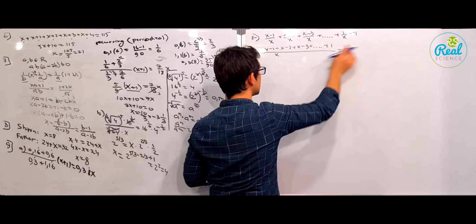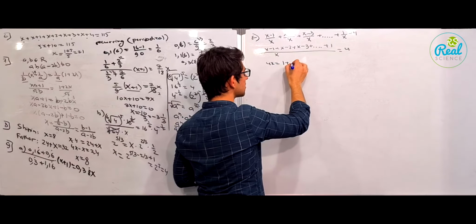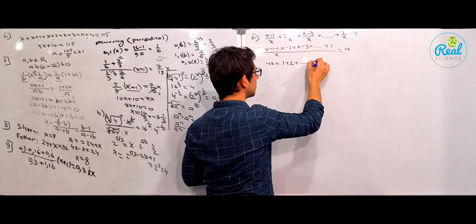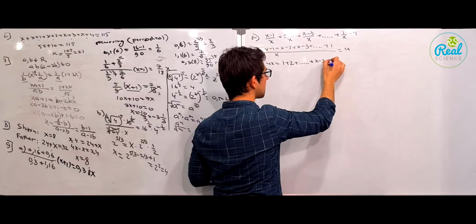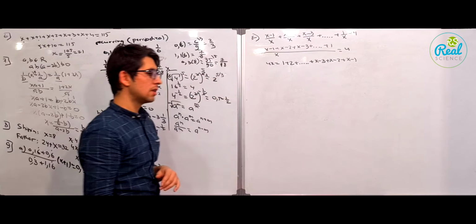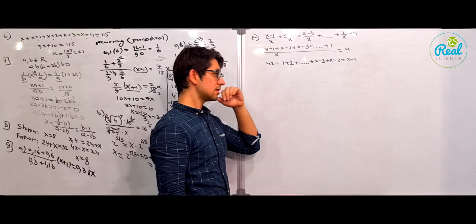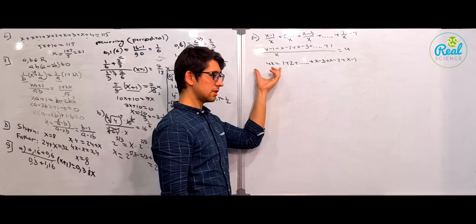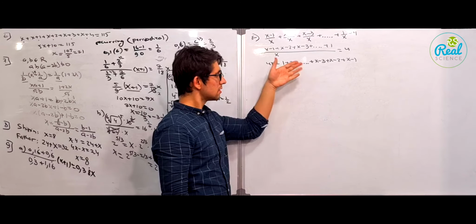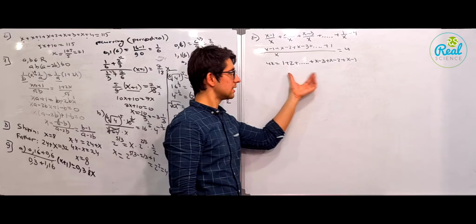Let's multiply both sides by x. 4x equals 1 plus 2 plus, etc., plus x minus 3, x minus 2, x minus 1. So we have such a number that if you multiply it by 4, the result will be equal to the summation of the natural numbers till that number.